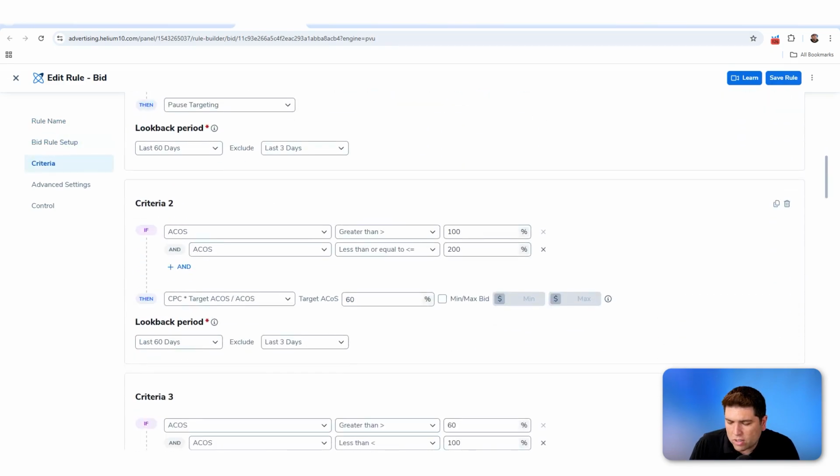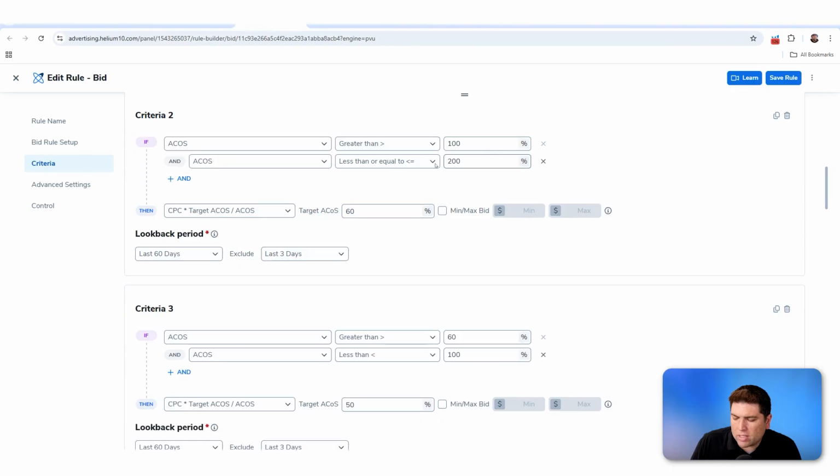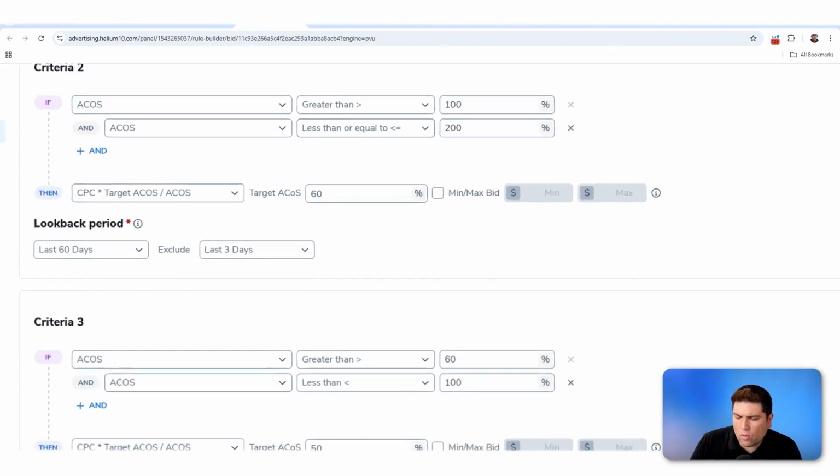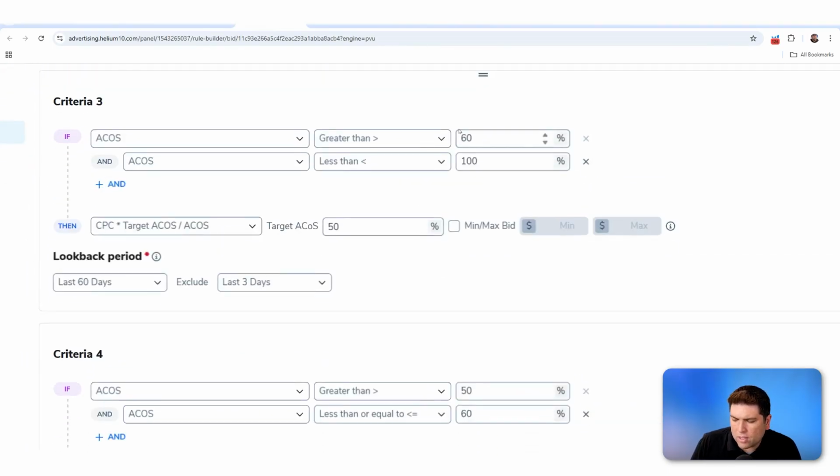If you're just wanting to do it strictly ACOS, what I did was I set up a group of rules here where I say, hey, if ACOS is between 60 and 100%, don't bring it down all at once. I put in a formula here that's already a preset formula. I'm not some mathematician, and you might be looking at this like you're back in algebra 2, junior year of high school or something.